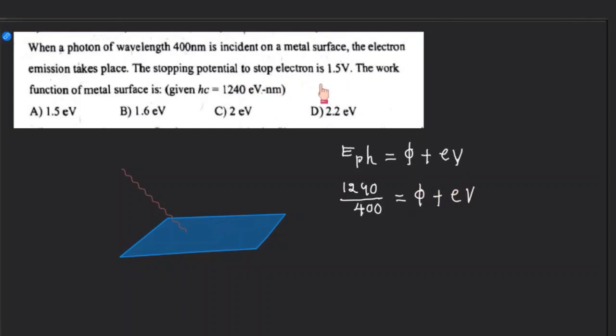Here the stopping potential is 1.5, so this can be written as 1.5 into eV, right? So you could directly do this problem. So this phi is equal to 1240 by 400, right, minus 1.5 into eV. So do this calculation to get this answer.